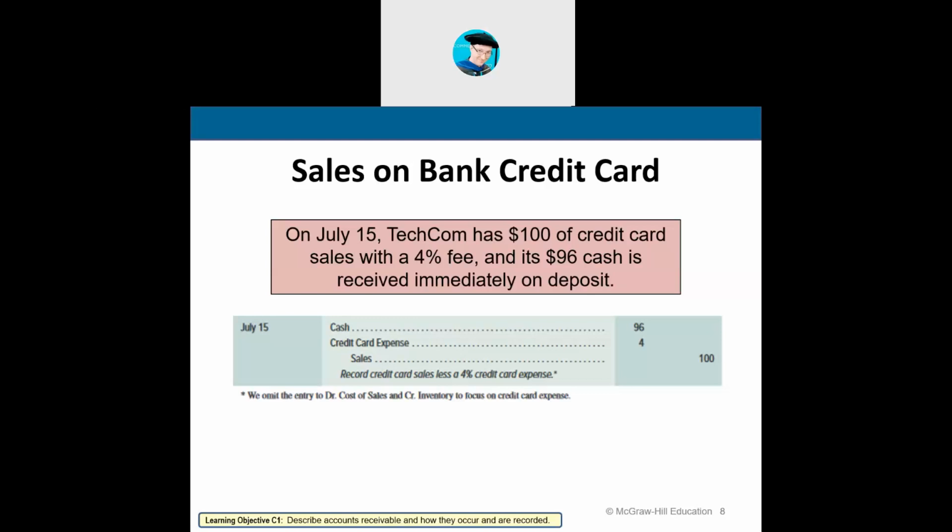Okay. For American Express, it was a 7% fee. That is why a lot of times you'll go out to a place and they'll say, we don't accept American Express. They'll accept Visa, MasterCard, but not American Express because the fees are a lot higher.